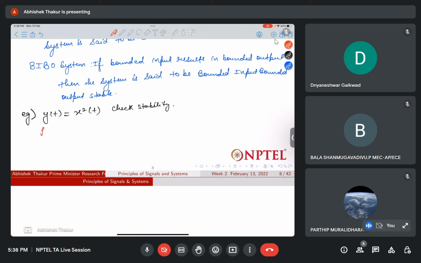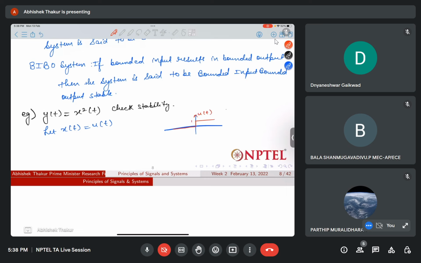We'll assume, let's suppose, x(t) is equal to u(t). u(t) is our unit step function that we have already seen. What is the unit step function? It is 0 for all negative values and 1 for all positive values.